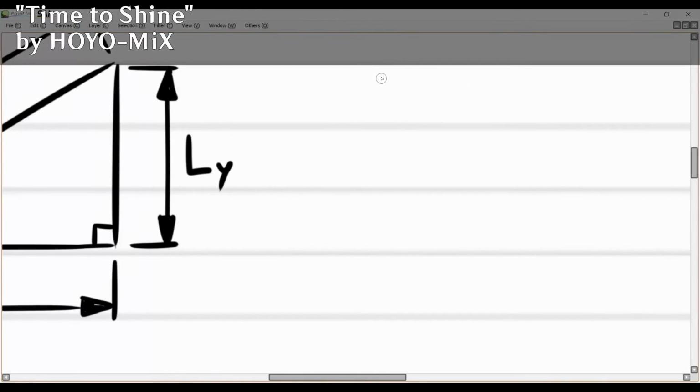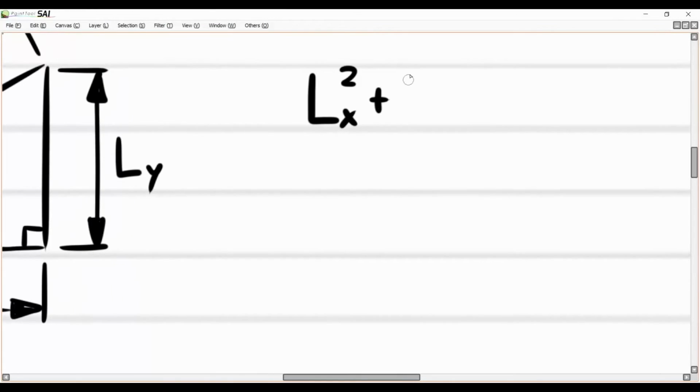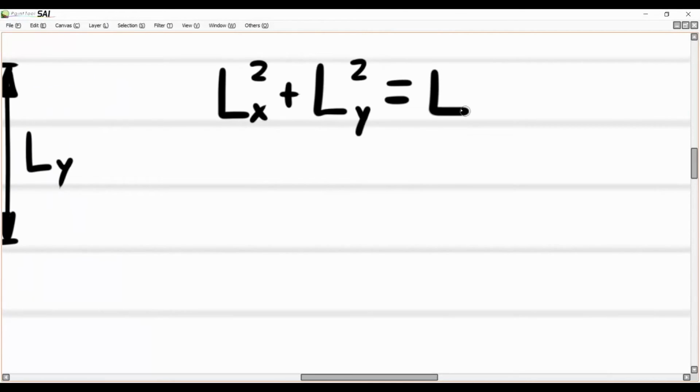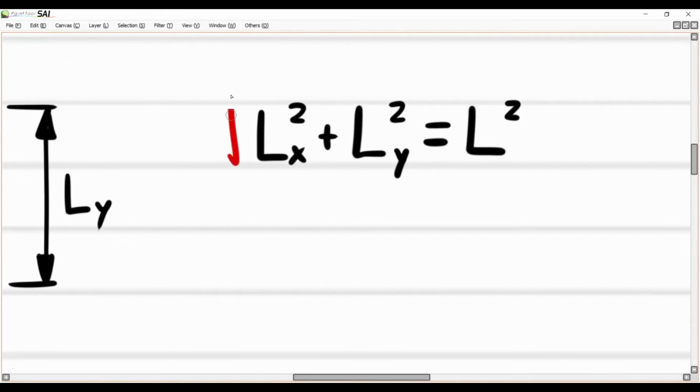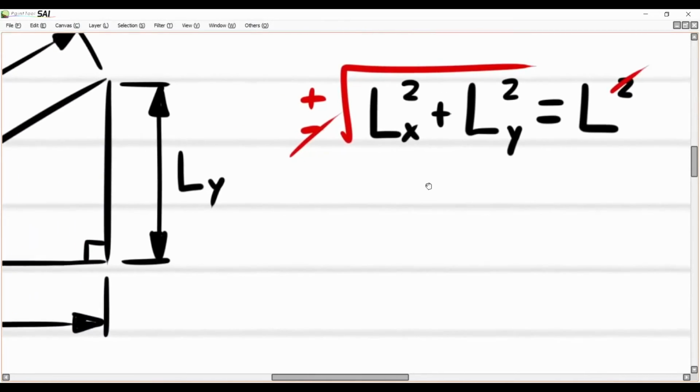We have some basic algebra: Lx squared plus Ly squared is equal to L squared, and then we just take the square root. Technically there's a positive and negative, but we don't take the negative because lengths aren't negative, so they're positive. Anyway, enough about that.